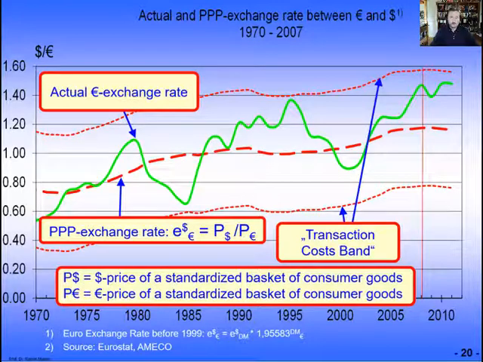In a world without transaction costs, the transaction cost band would be zero, and according to the purchasing power parity theory, the actual exchange rate would always follow the purchasing power parity exchange rate, such that the green line and the dashed red line would be identical in a world without transaction costs.